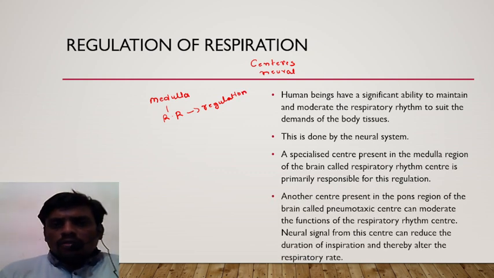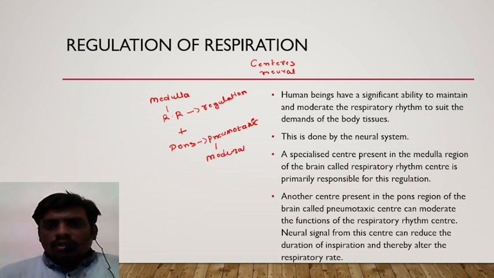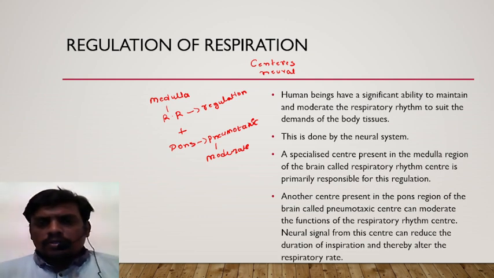Another center is located in the pneumotaxic region of the pons varolii of the brain, called the pneumotaxic center, which can moderate the functions of the respiratory rhythm center.